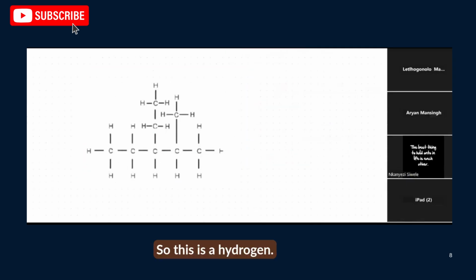Okay. So this is a hydrogen, it is just not visible. So now, the first thing is to deal with the root: look for the longest chain. We can go this way, we can go that way, we can go this way. Now, if we go the first way, we have 1, 2, 3, 4, 5 carbons.